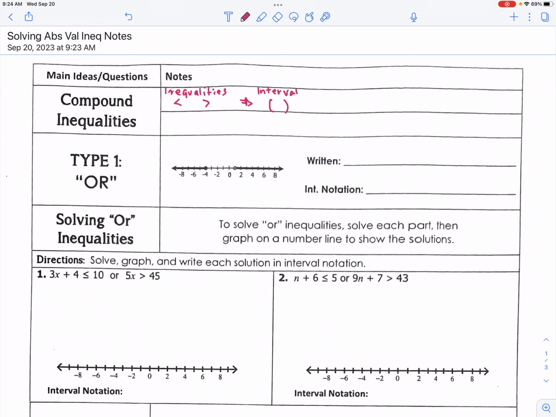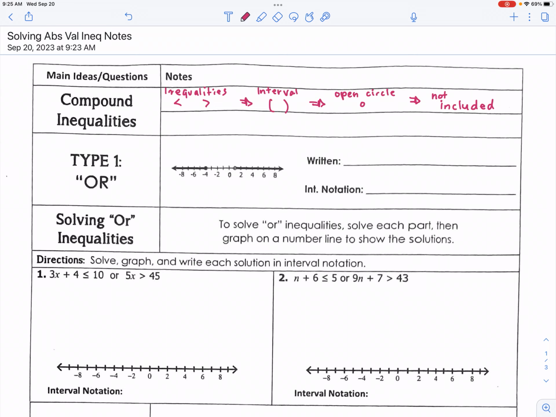Our parentheses, when we're looking at a number line or a graph, that's when there is an open circle. Some sort of open circle on a graph or a number line. And this means that that value is not included in the answer. It's not a possible solution.